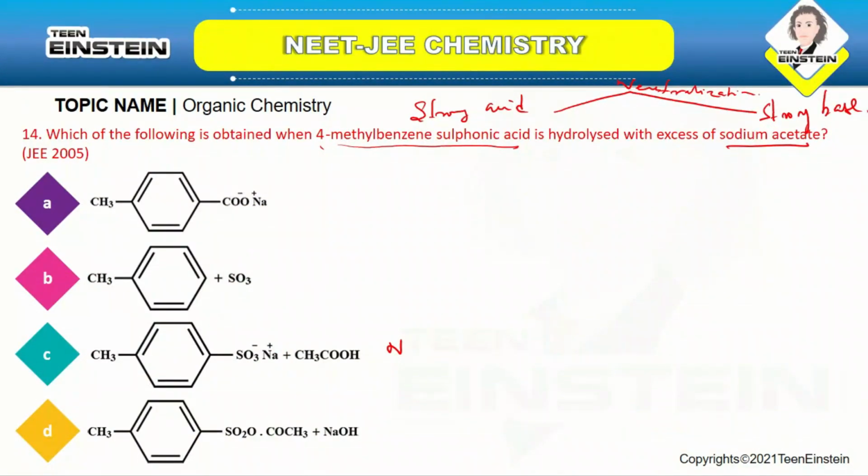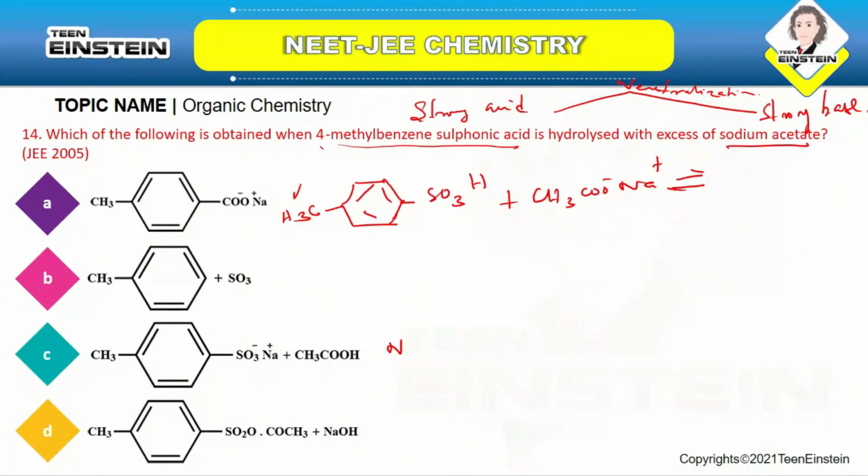So I write down the equation for this reaction. 4-methyl benzene sulfonic acid, which is hydrolyzed with sodium acetate, we can get a weak base and weak acid.